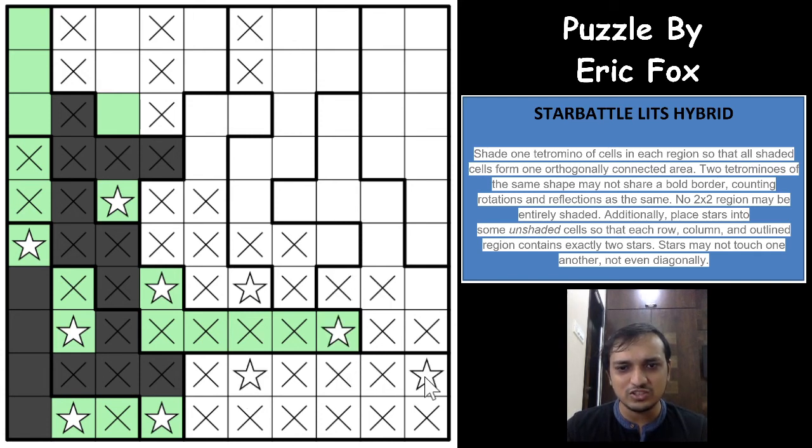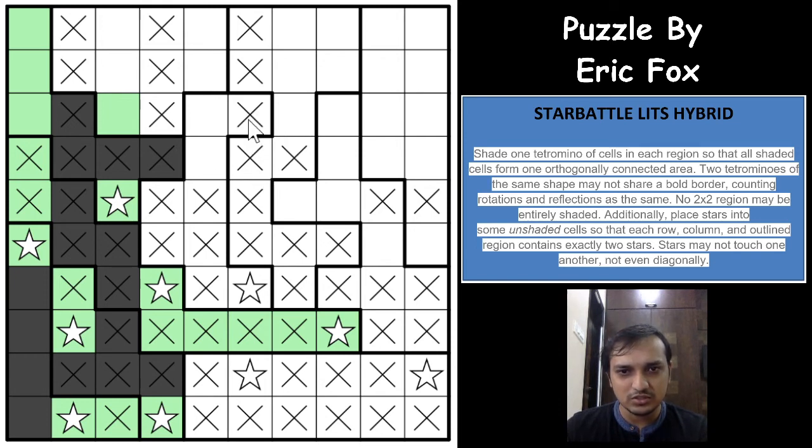So this is a star, this is not a star, this is a star, these are not the stars, and these 2 cells are stars now, and which means that this is not a star, this cannot be a star because you won't have enough stars in this region now, and same way this cannot be a star, and one of these 2 cells will have to be a star, right? So both of these cannot be stars in this row. This cannot be a star because one of these 3 cells will have to be a star.